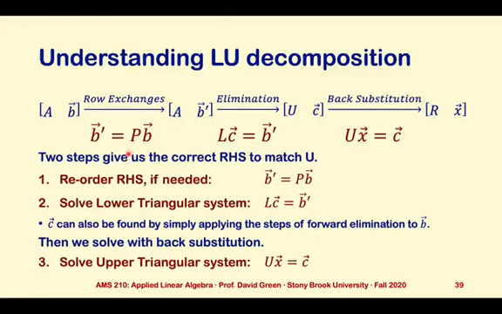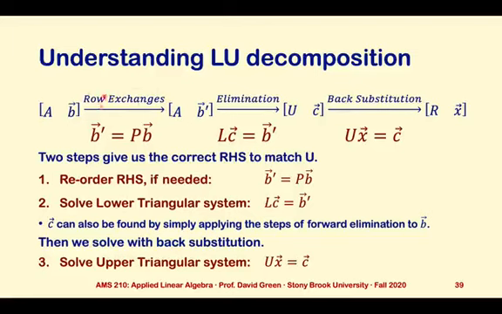I think it's helpful to try to visualize this in the context of the full problem. What we really have done here is, if we think about how we would apply Gaussian elimination to solve a system for a particular right-hand side, we start with our augmented matrix. We can apply our row exchanges up front.